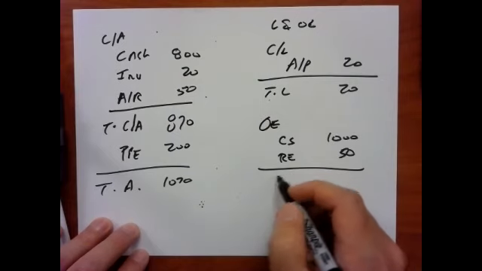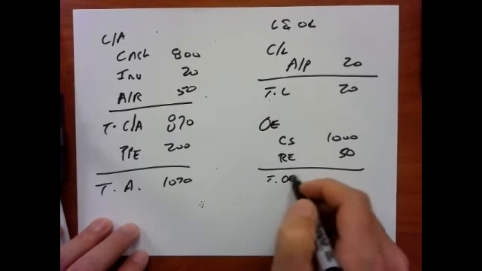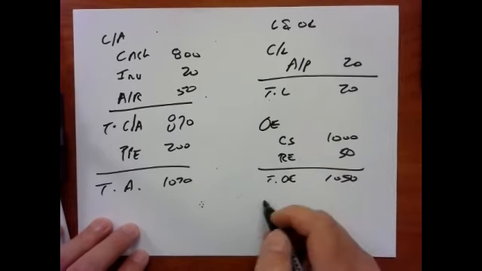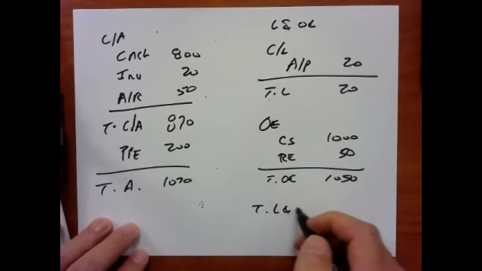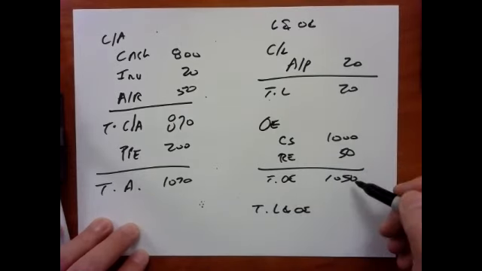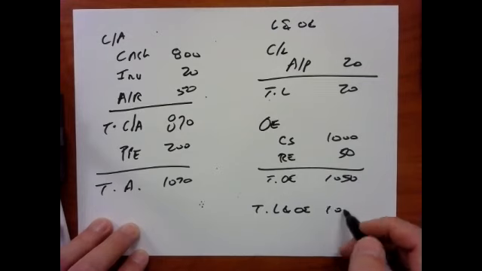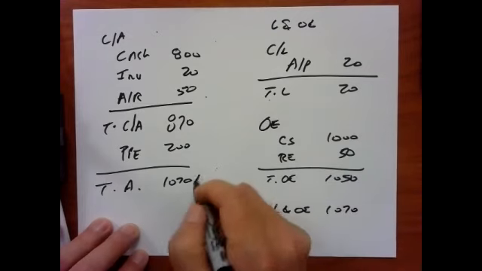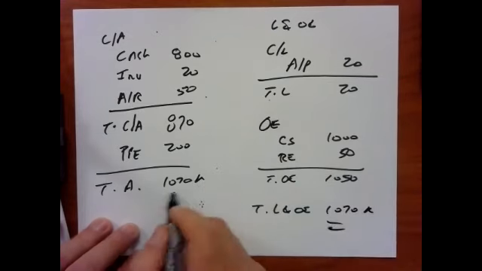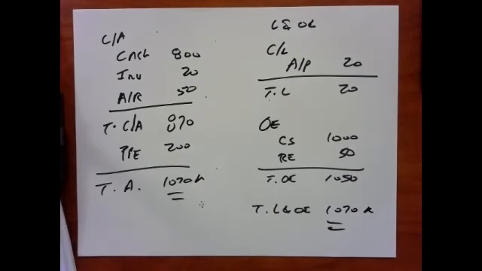So we add total owner's equity of 1050. So we have total liabilities and owner's equity of 20 plus 1050, which is 1070. Right? And now these match. All right. Last one.